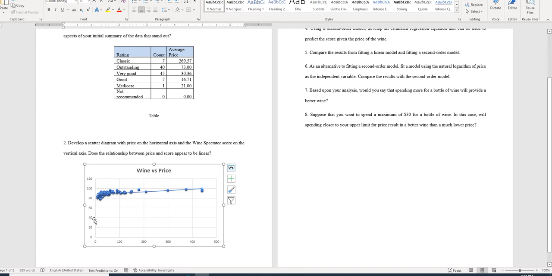When price is 0, what is the wine score of the product? Based on that, we create this scatter diagram, and we can easily establish the relationship by using the trend line. The trend line clearly shows that it is going up.